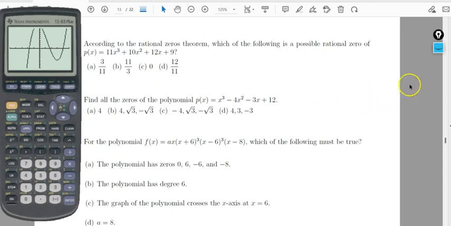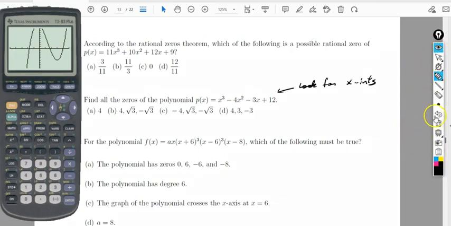Okay, we definitely have 1, 2, 3, 4. We definitely have an x-intercept at 4. There is no x-intercept at -4. So it can't be that. We do not have an x-intercept at 3.